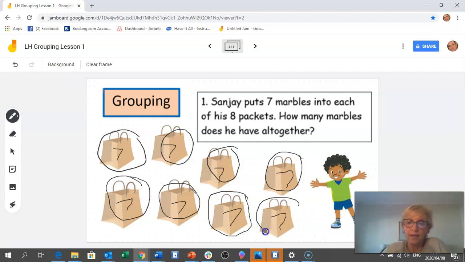Now we have 8 sevens. And 8 sevens are 56. So 8 times 7 equals 56. Grouping 8 packets with 7 marbles in each packet. 8 times 7, or 7 times 8, is 56.